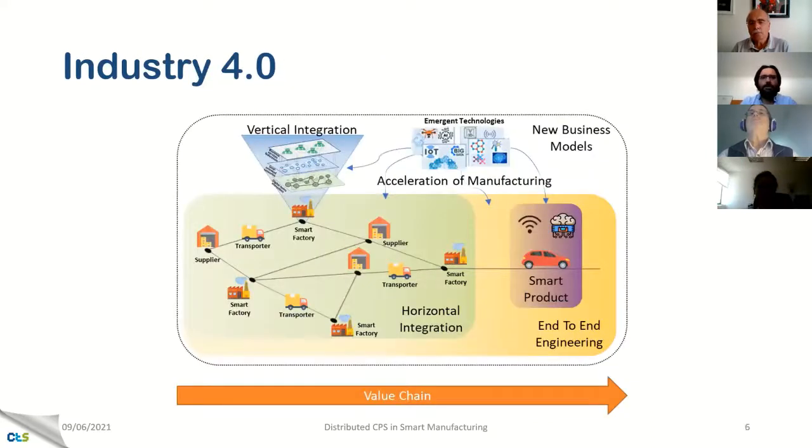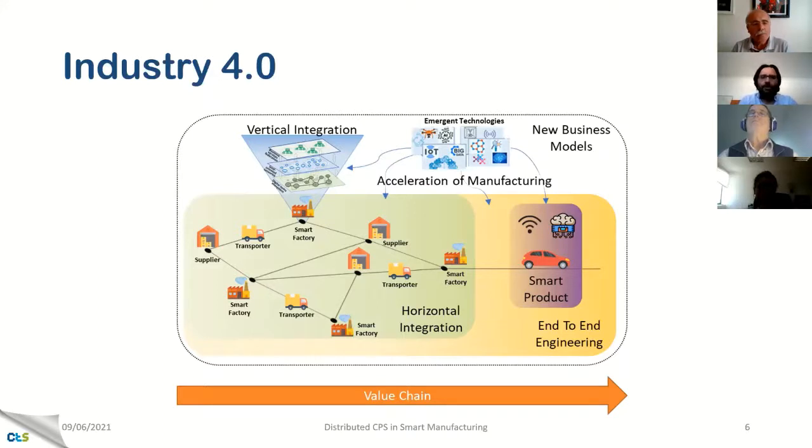And based on that, there were some ideas that came from using cyber physical systems. The first one was the idea of connecting everything inside the factory. In this case, we are talking about the vertical integration. Then we had the integration in the supply chain. In this case, we are dealing with the horizontal integration, where we link all the different factories, the different transporters and suppliers.